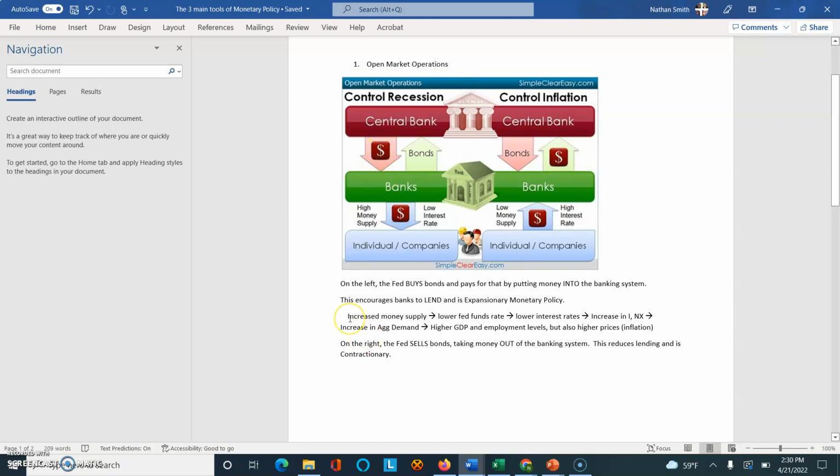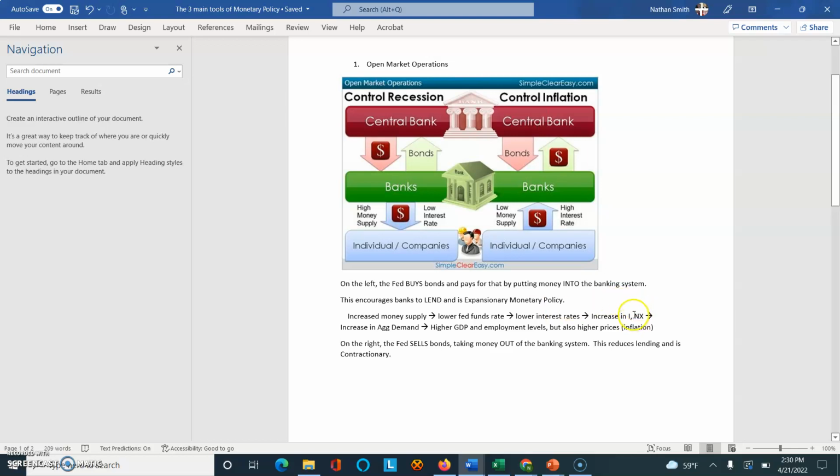Now take a look at the text down here. That's going to increase the money supply because now there are more reserves in the banking system, level 2 here. Okay, so banks are going to try to lend to each other in what's called the Fed funds market. That's going to lower the Fed funds rate. Now, because it's cheaper for banks to lend to each other, that's going to ultimately lower other rates in the economy, like rates on home mortgages or rates that firms have to pay to a bank to borrow money, for example.